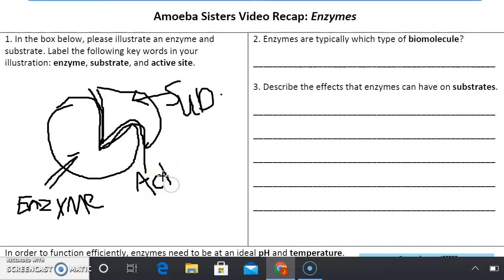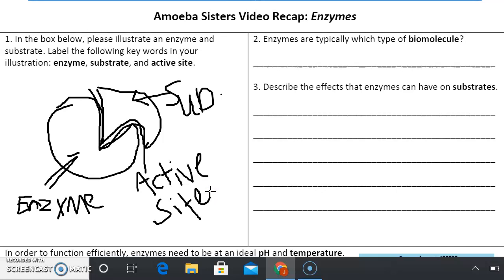So that's where all the activity is taking place. The active site is where the enzyme and substrate are bound to each other. So you can draw something kind of like that.